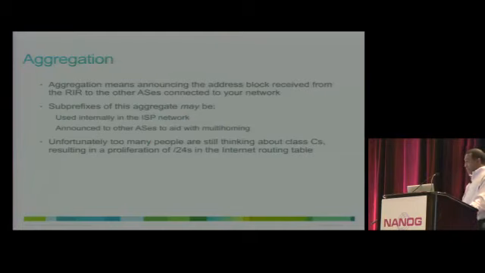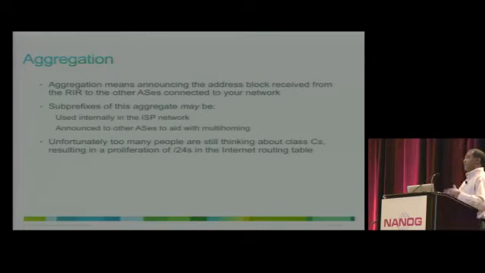Aggregation means basically advertising blocks received directly from a registry or received through the standard class-based allocation, which is rare. Sub-prefixes of the registry-assigned addresses can be advertised to some service providers for traffic engineering purposes, but they shouldn't be propagated to the rest of the internet.